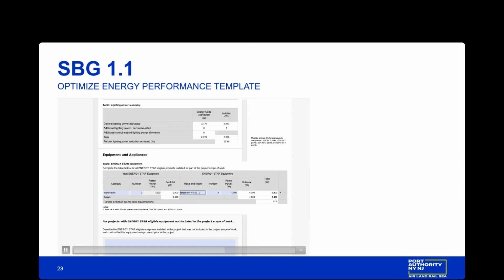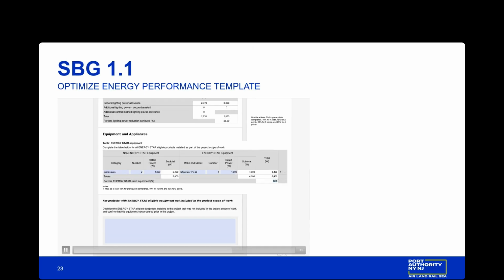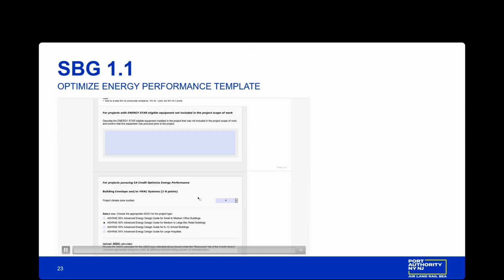You have 4 refrigerators that each are 1,000 watts. That basically gives you 4,000 watts versus 2,400 watts that are Energy Star rated. This gives you a result of 62.5%, and you must meet 50% for the prerequisite and 70% or more for 1 point, 90% for 2. So here we wouldn't get that point.